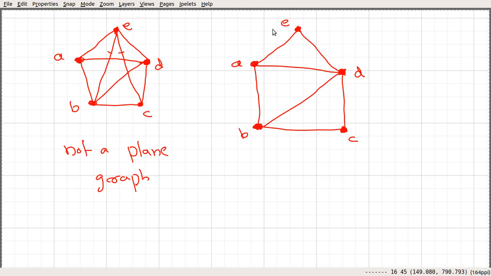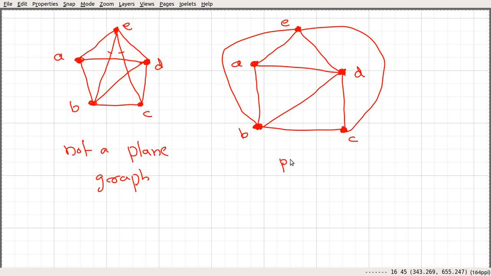So we can draw that between E and B in this way, and E and C in this way. So now we have a plane drawing of this particular graph.